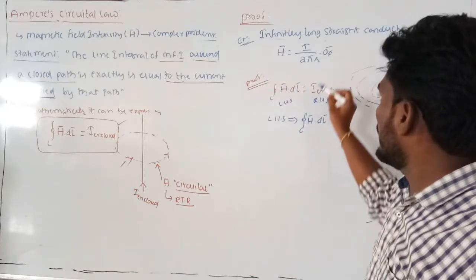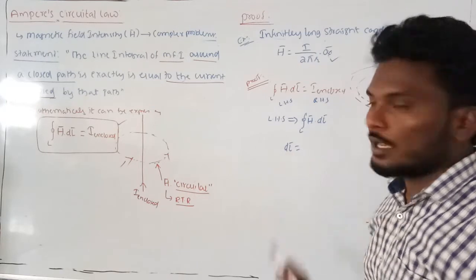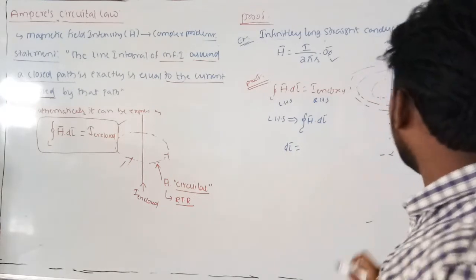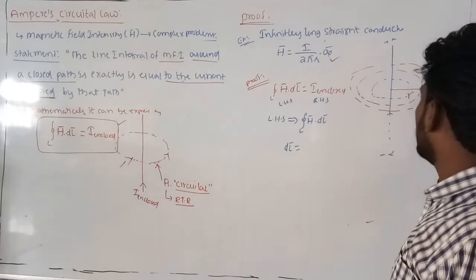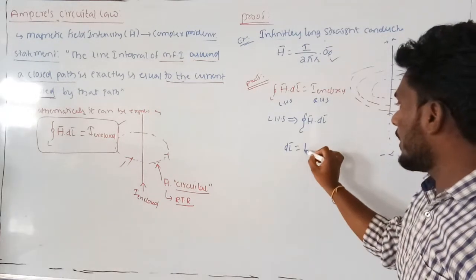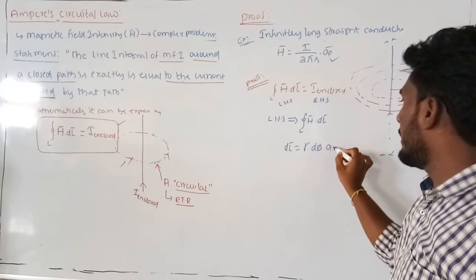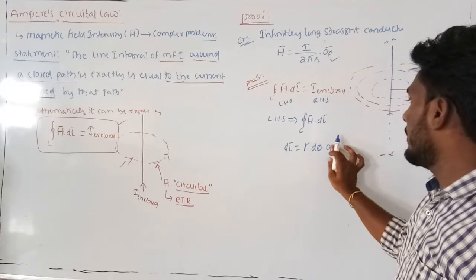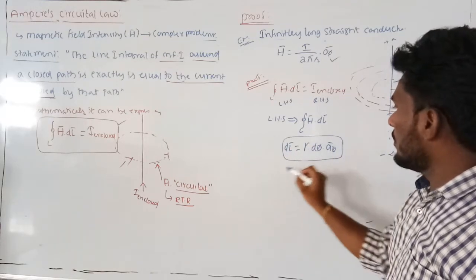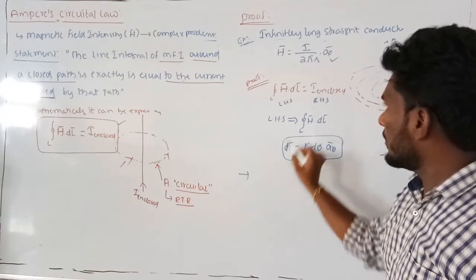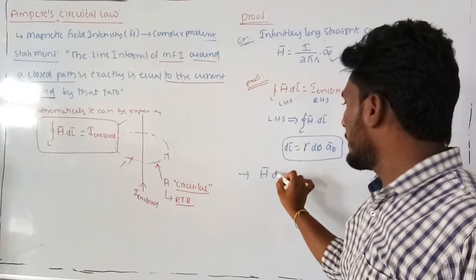We already know the H bar value. What about dl bar? It is the differential vector length. As it is a closed path, the differential vector length in the phi direction is r d phi a phi bar in the cylindrical coordinate system. Now do the dot product between H bar and dl bar.